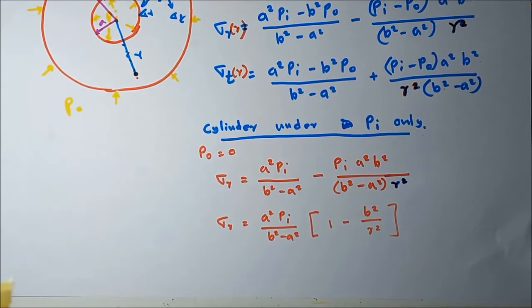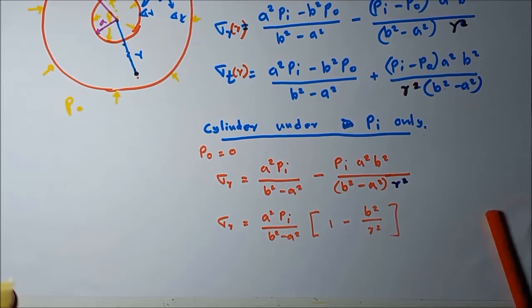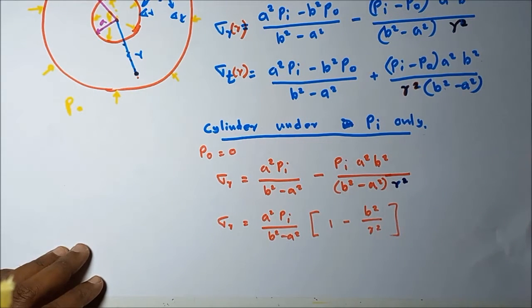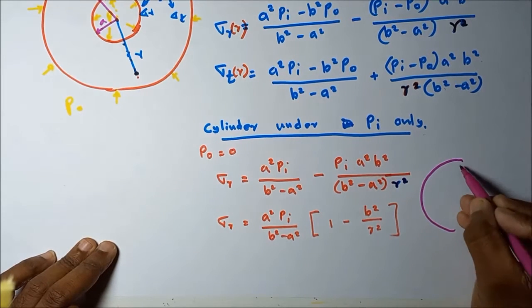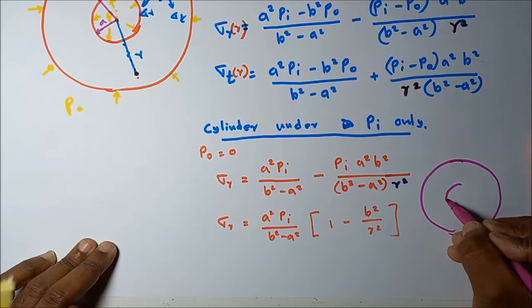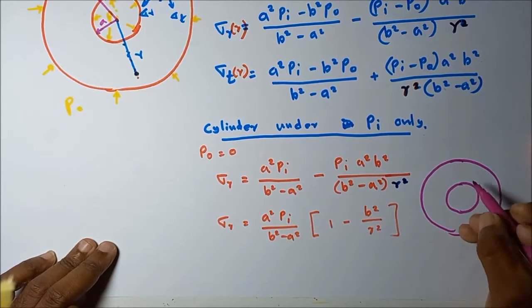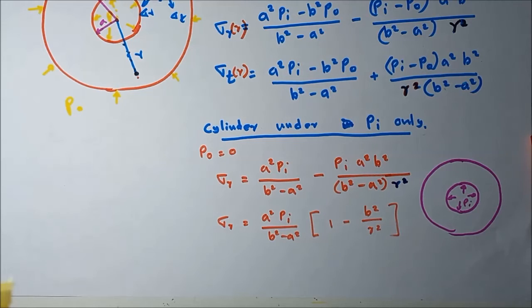And this is the equation we can use to calculate sigma r for the internal pressure only situation, that means the cylinder under internal pressure only, where Pi only exists and P out is equal to 0.